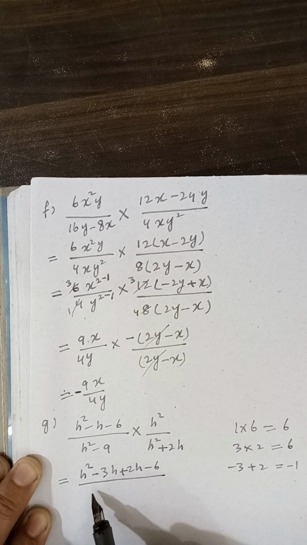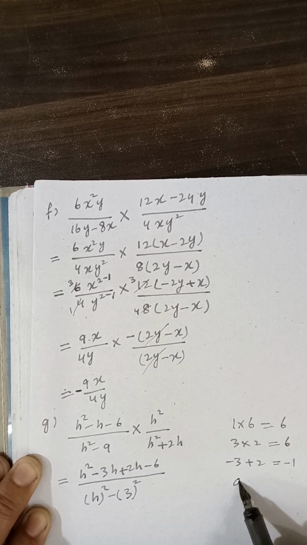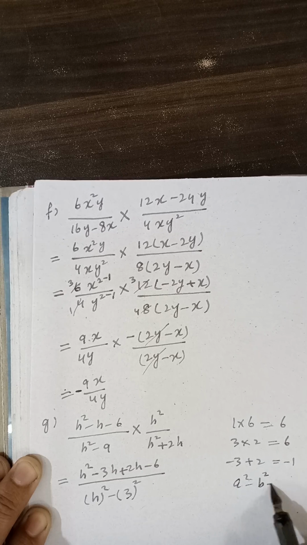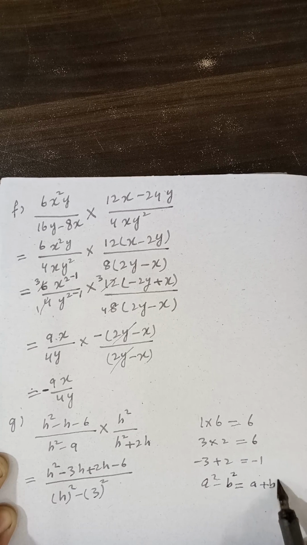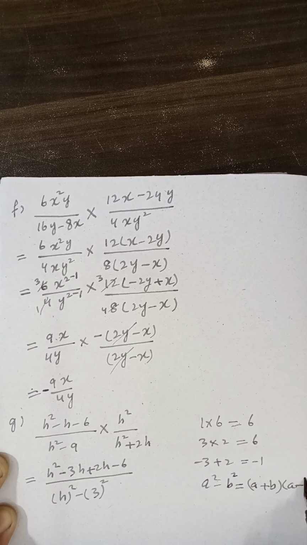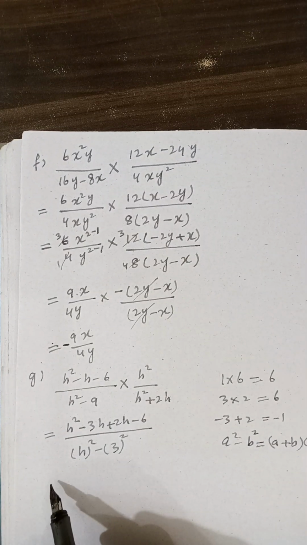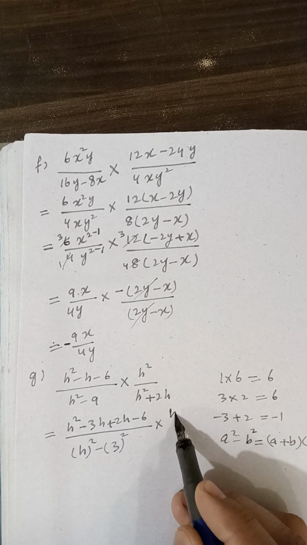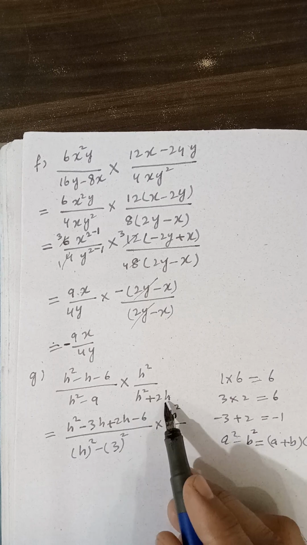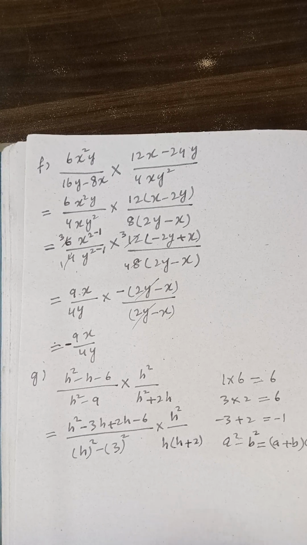Now here you should apply the identity a square minus b square is equal to a plus b and a minus b. Up to here, write h square here and take h as common, and h plus 2 will remain inside the bracket.